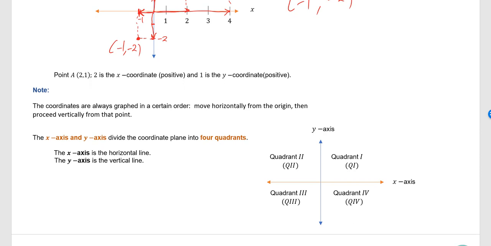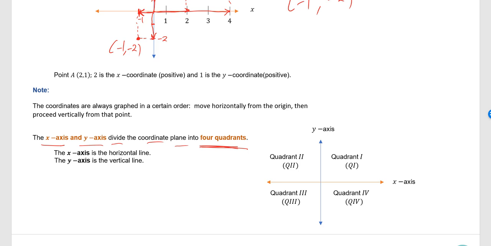Now another point to keep in mind in regards to the coordinate plane is that the x-axis and the y-axis divide the coordinate plane into 4 so-called quadrants. So 4 quarters, but we call them quadrants.